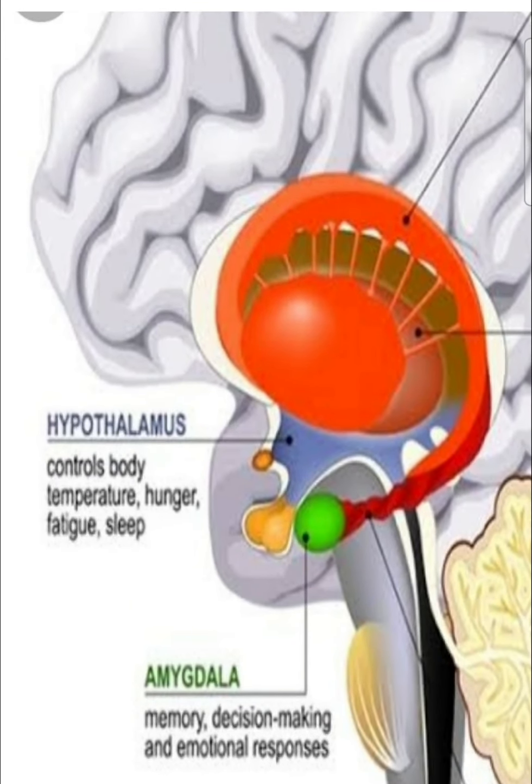This is the hypothalamus, and this orange structure at the end of the hypothalamus is known as the mammillary body. They also come under the gray component of the limbic system. So you can see here the amygdala and the mammillary body of the hypothalamus.